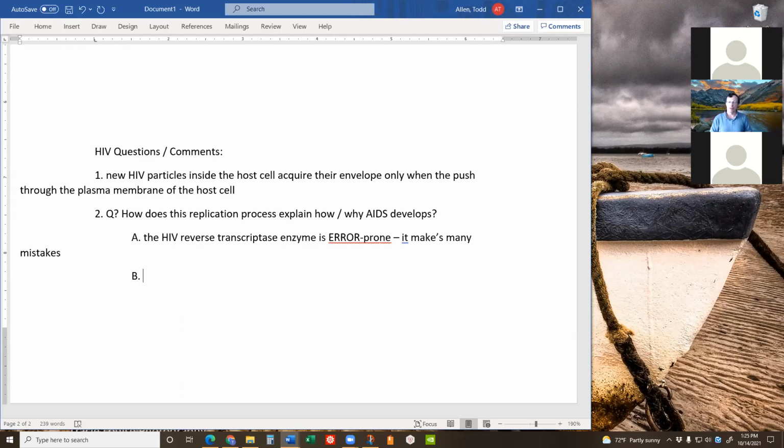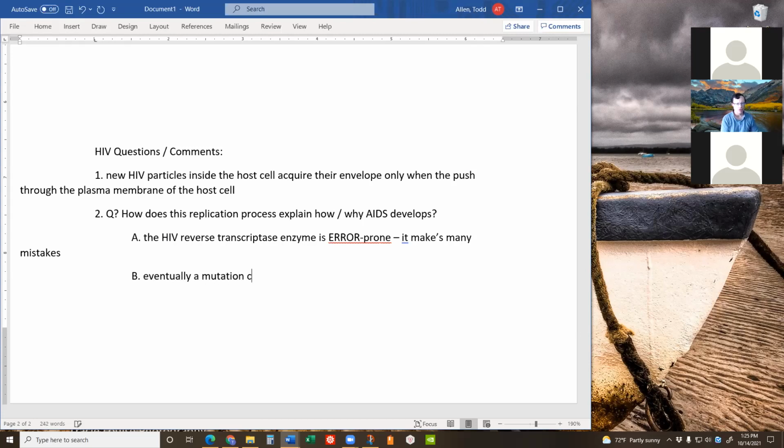Eventually, reverse transcriptase is going to make a mutational change in the viral sequence that causes brand new virus particles to have a slightly modified GP120 glycoprotein.